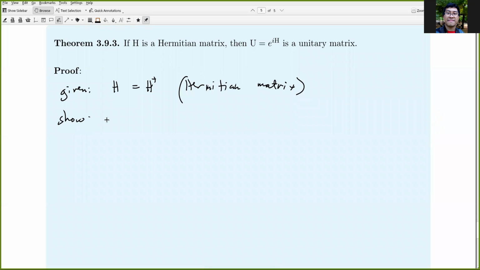Now you want to show that for U equals e^{iH}, U inverse equals U dagger. That is, it is a unitary matrix.